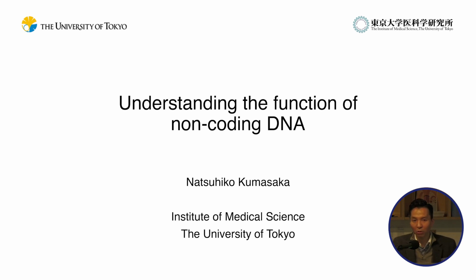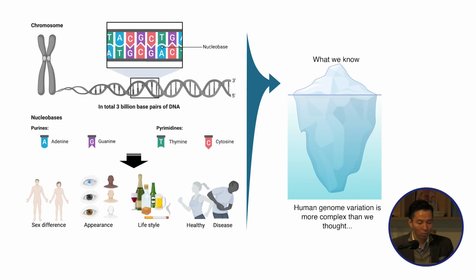So I'm very pleased to present our effort over the past 5 years to dissect the role of non-coding DNA. As you know, our genome consists of 3 billion letters of A, G, T, and C. This encodes not only the difference between male and female or the appearance, but also some lifestyles and also susceptibility to diseases.